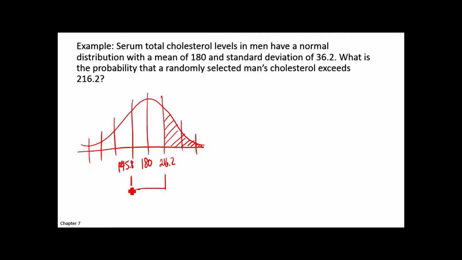What percent is in this area? 68% is within one standard deviation of the mean. So how much is here and how much is here? Yeah, so that means this must be 0.34 and this must be 0.34. So then what does this area up here have to be? Has to be 0.16. Why?